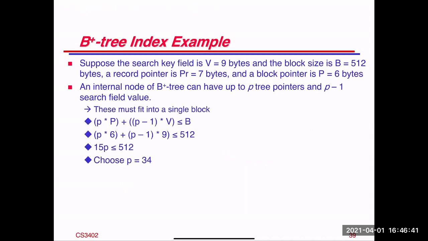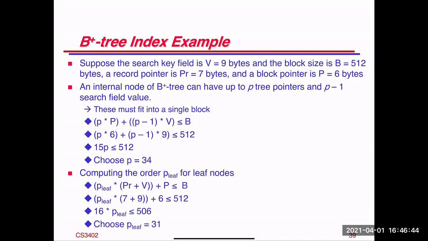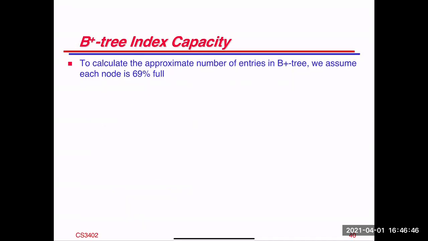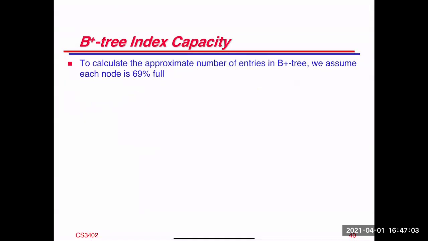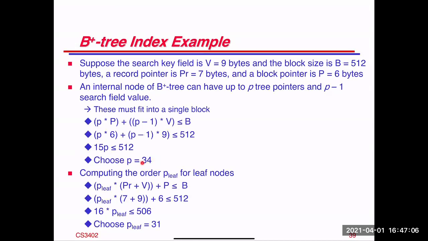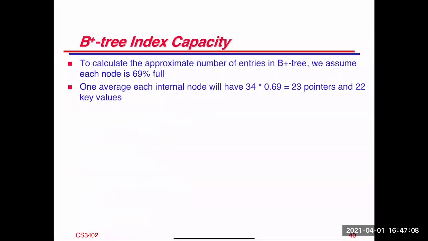All right, so let's look at this example for the B plus tree capacity before the break. Again, we're assuming that each node is 69% full. This was the same assumption that we had for B trees. And therefore, on average, each internal node will have, so this 34 here is the order that we just computed, we will have 34 times 0.69, meaning we have 23 pointers on average, and therefore 22 search key values in each internal node.